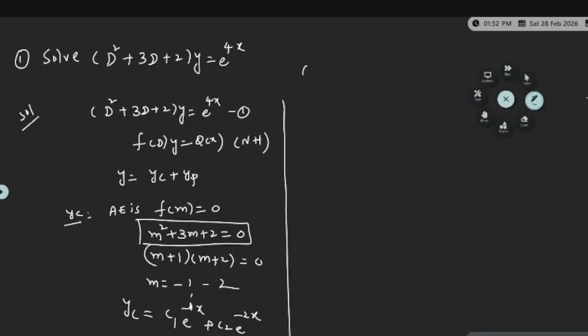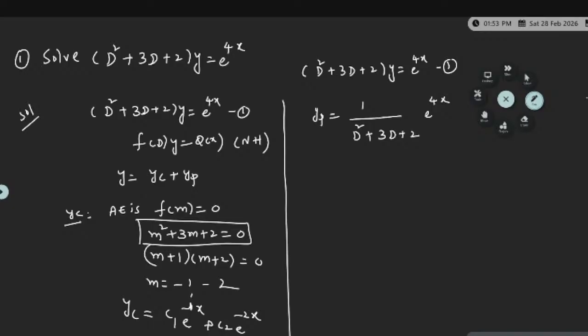What is the equation? D square plus 3D plus 2 into y equal to e power 4x. How to find yp? 1 by. If you want to find the particular integral, just transfer the LHS to RHS first.